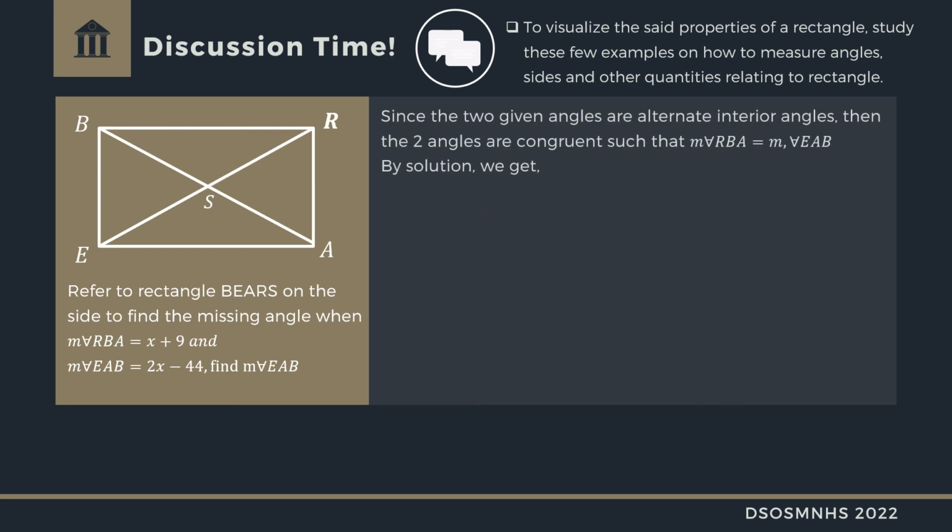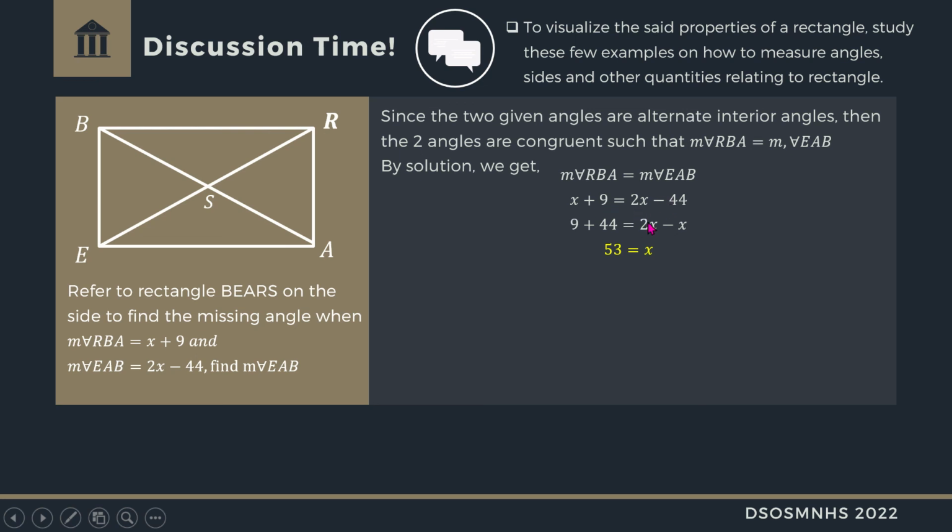Since the two given angles are alternate interior angles, the two angles are congruent, such that the measure of angle RBA is equal to the measure of angle EAB. So x plus 9 is equal to 2x minus 44.